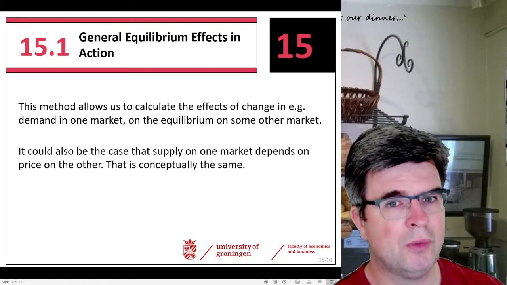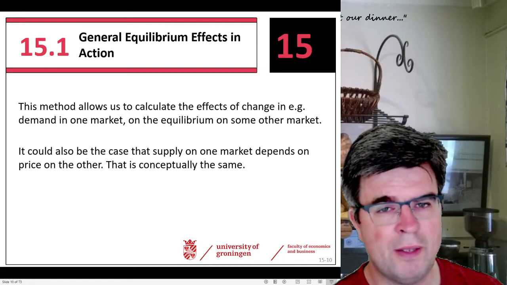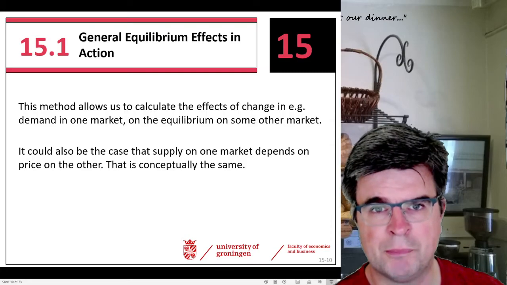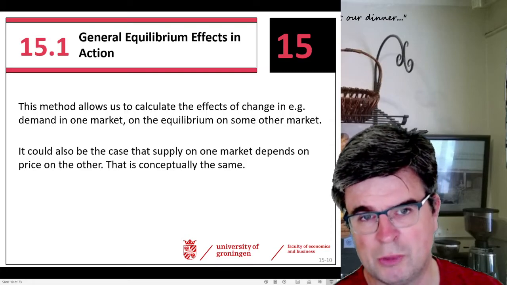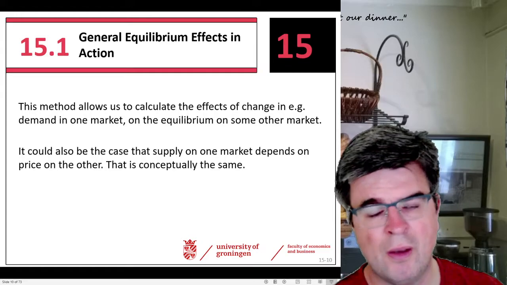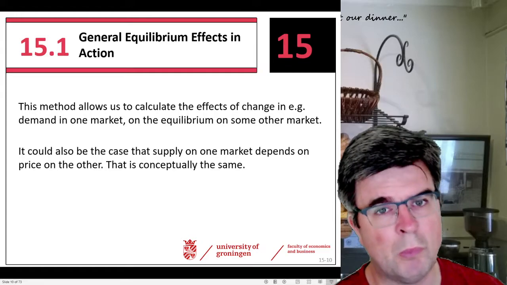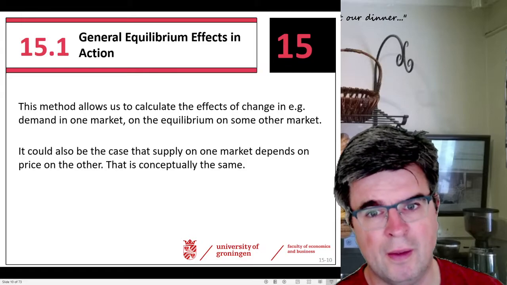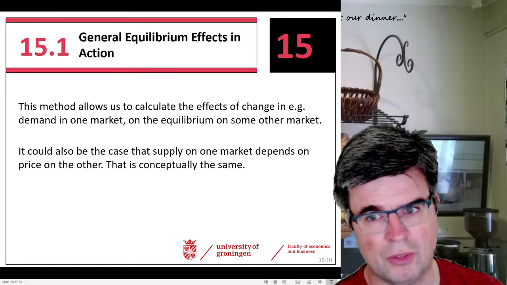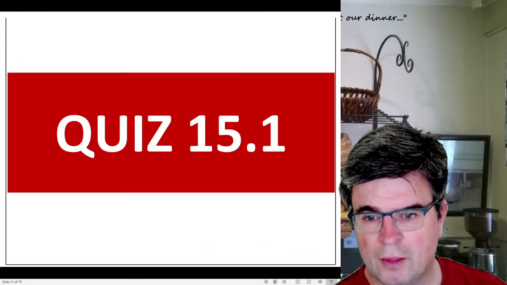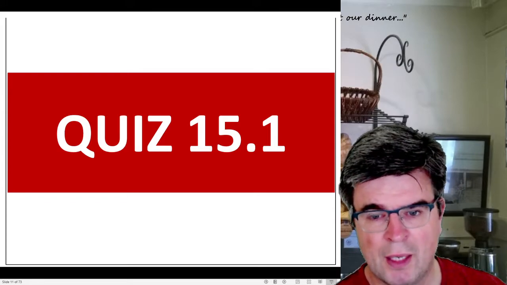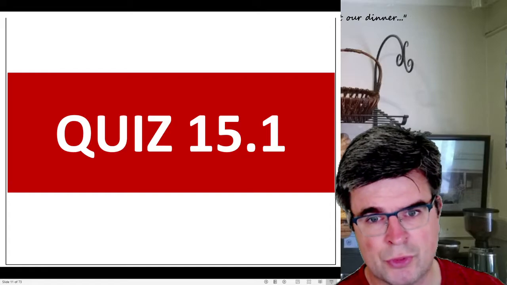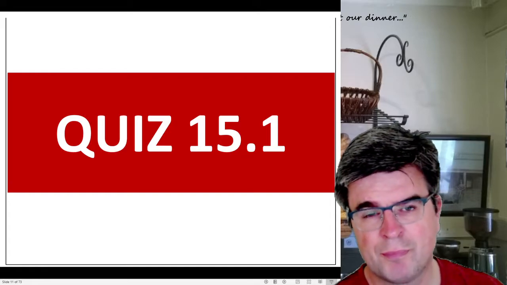But how you model it in practice should depend on the real life phenomenon that you have in mind. So does it make sense that supply is interconnected, or does it make more sense to model demand as being dependent on each other? But in solving, it doesn't make a difference. It's conceptually the same. And this already brings us to the first quiz of this lecture.